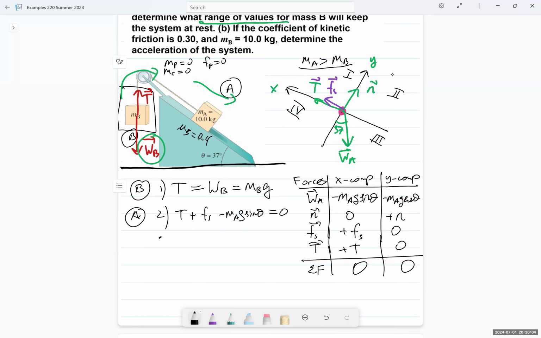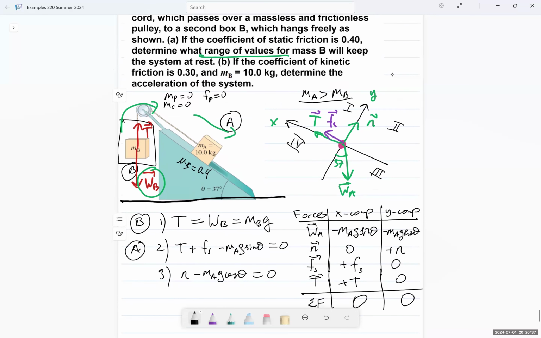Then equation 3: normal force minus MAG cosine theta equals 0. So those are the three different equations that I'm going to get. Generally, when something is moving just vertically, you have just one equation from that, but something moving on a flat surface or an incline, you're going to get two equations.